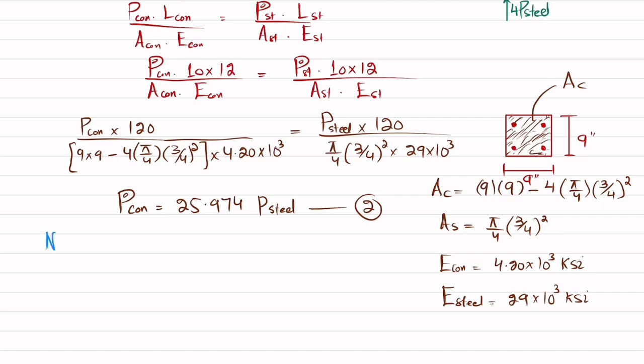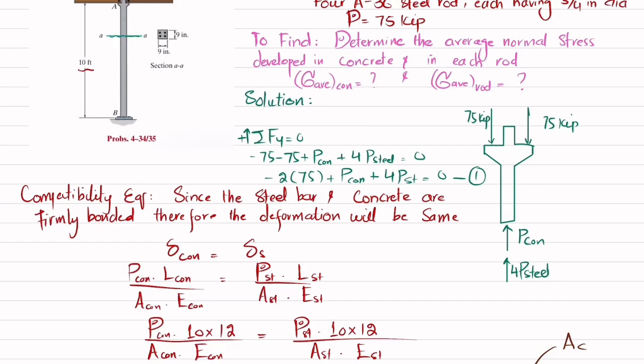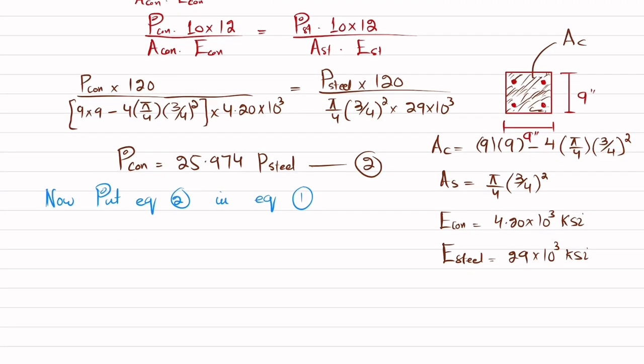Now what we will do is put equation 2 in equation number 1. Clear? Equation number 1 is this one. When you put it in, P of steel will come out to be 5.0043 kip.